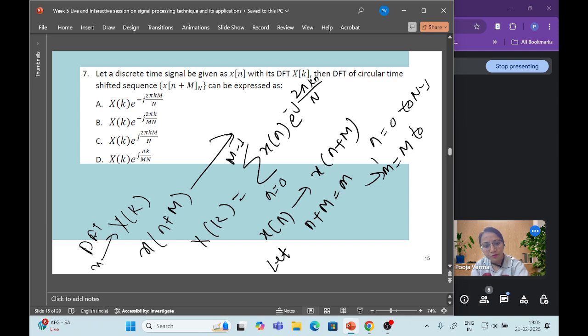If you put n minus 1 in place of n, you will get small m equal to n minus 1 plus M, right? So now let X1(k) be the DFT of that shifted signal, okay? So now here m varies from capital M to n minus 1 plus M.